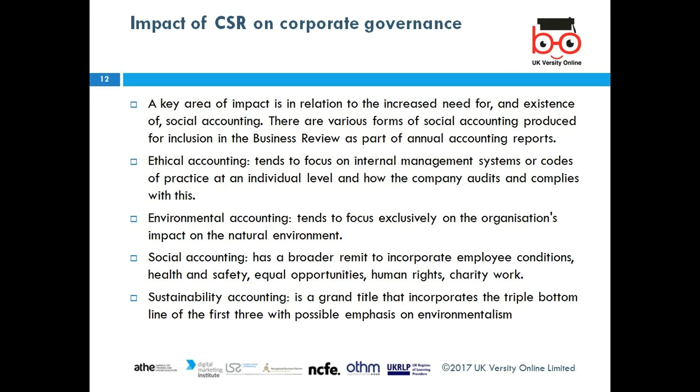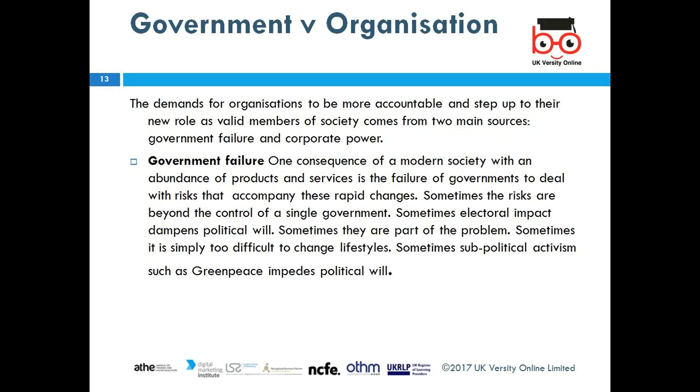So as accountability, we need to look at more social accounting. As a corporate governance issue, there should be fair representation of employee groups, union groups, shareholders, and independent non-executives, so that the organization will be run effectively.